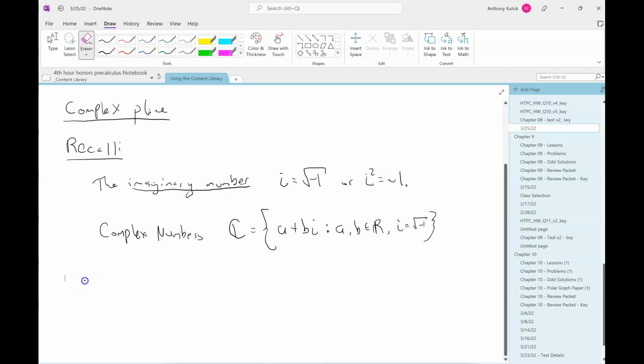So for example, the real numbers are orderable.